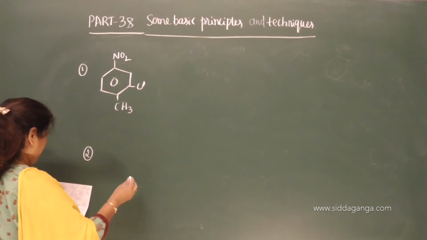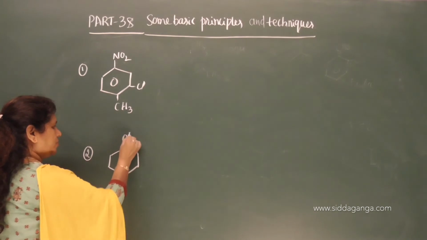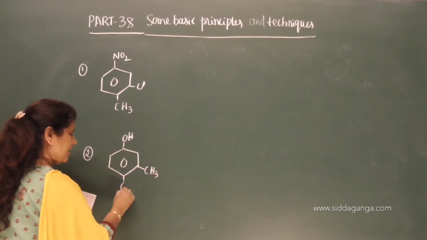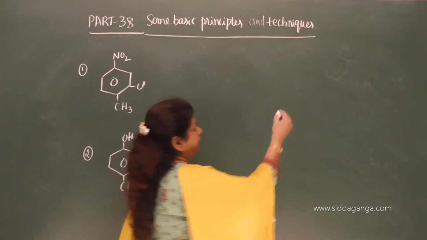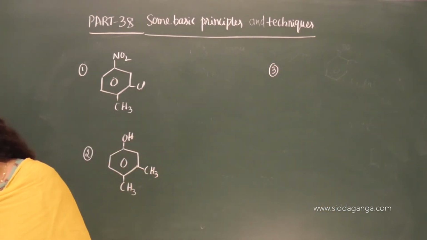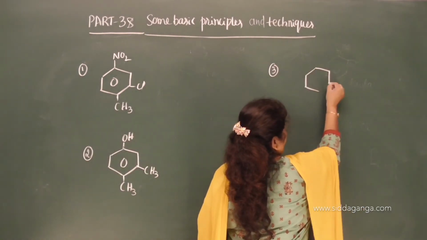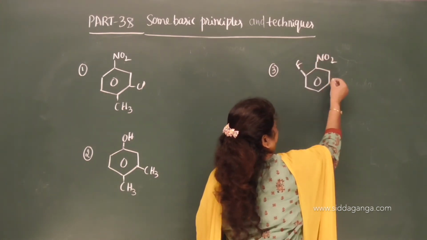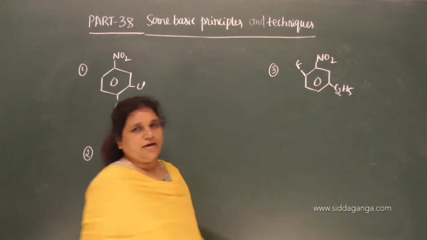Second one: this is an OH group, and here we have CH3. And the third compound: NO2, F, and C2H5.